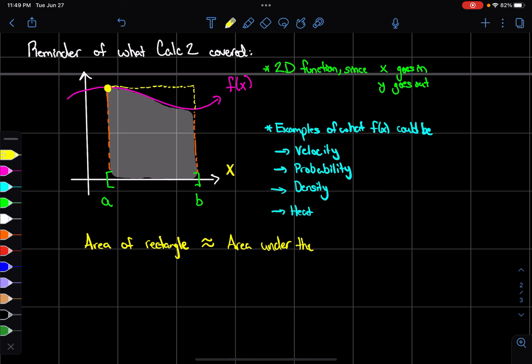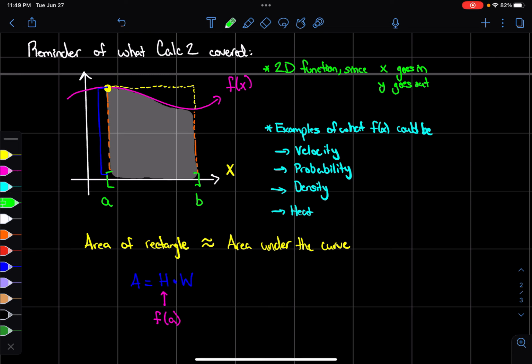Now obviously this is not entirely accurate. If I ask you to figure out the area of this rectangle, you would say, okay, the height of the rectangle is whatever the y value is at that point. So the area would be equal to the height times the width, and the height in our case would be the y value, which would be f of x, or in our case, f of a.